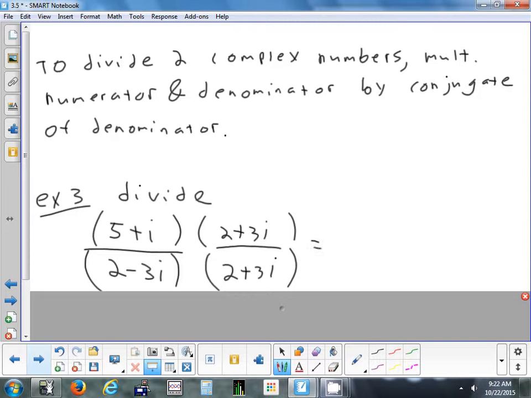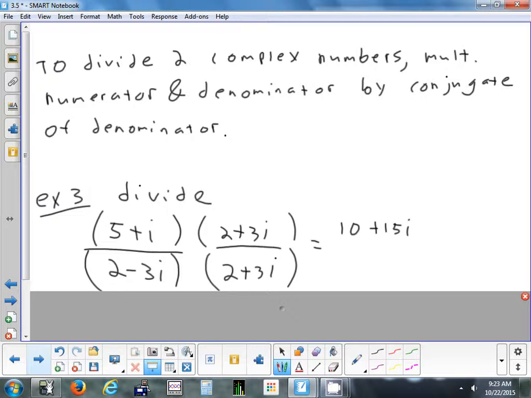Okay, and really it just turns into a multiplication problem. We just have to FOIL it out. So Jill, what's 5 times 2? 10. How about John? 5 times 3i? 15i. Will?